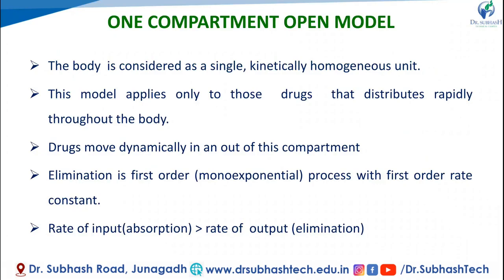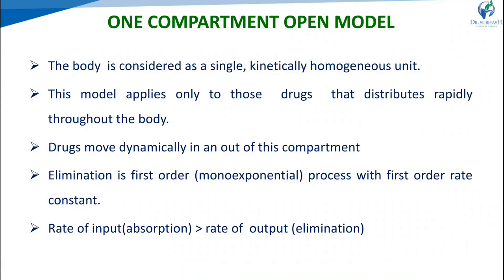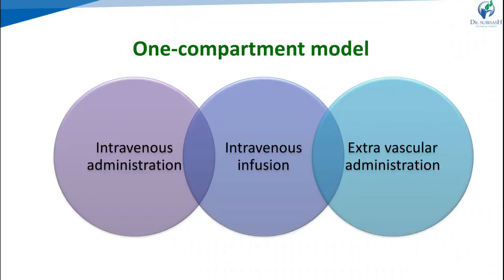Elimination is a first order process, with a first order rate constant, which we see in mono exponential form. The rate of input, the absorption process, is greater than the rate of output, the elimination process. So these are the assumptions for the one compartment open model.